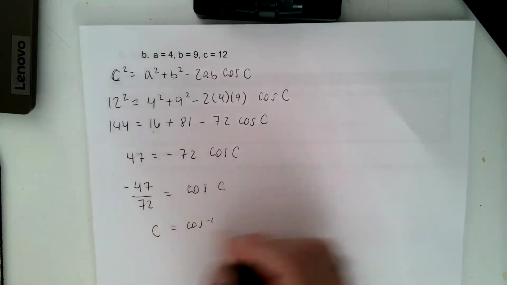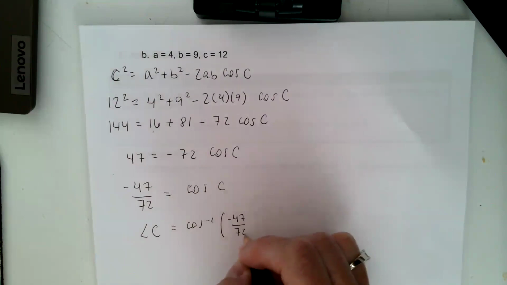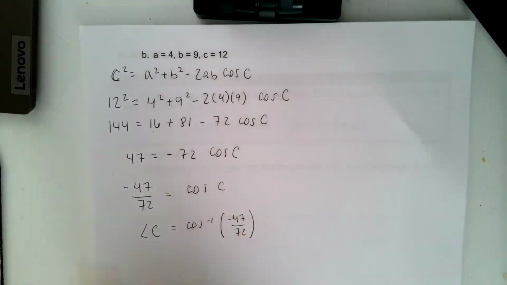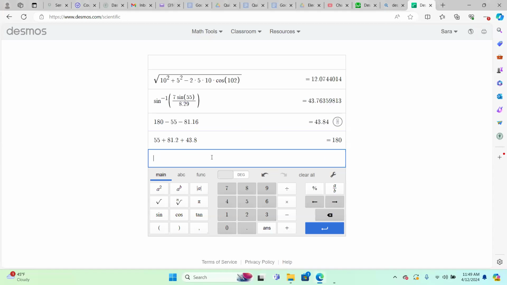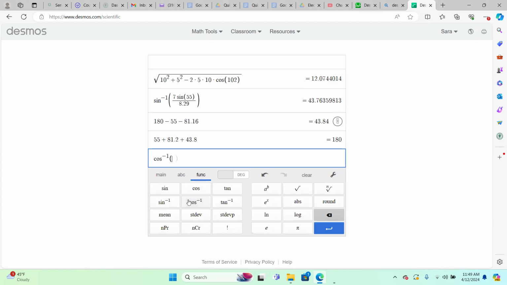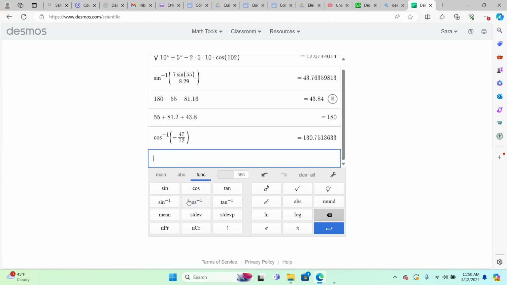So angle C will equal the inverse cosine of negative 47 over 72. If we put that into scientific Desmos, negative 47 divided by 72, angle C is about 130. I'm going to round it to 130.8 degrees.